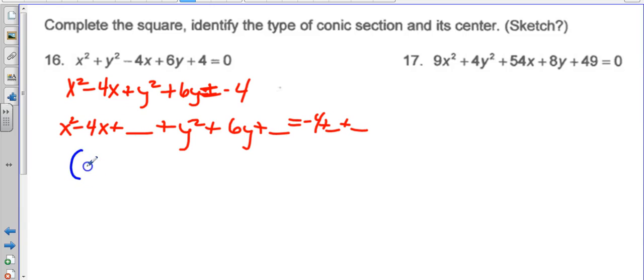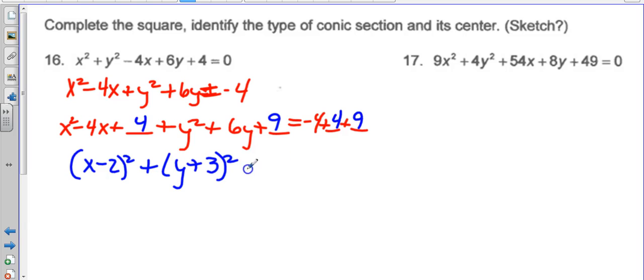Anybody get this one? Y plus 3 squared. And what do you want to say that one is? Do we need to divide by 9 to make it equal 1?